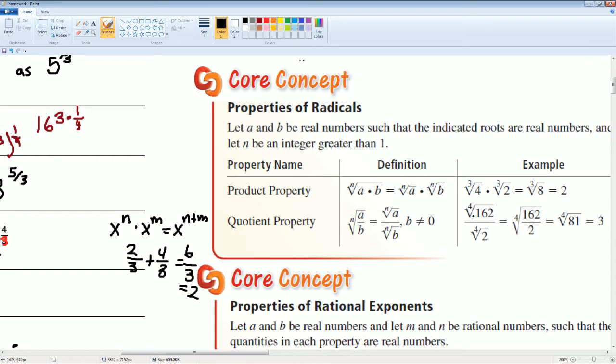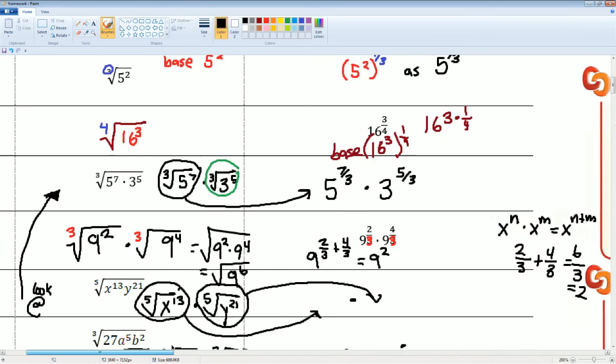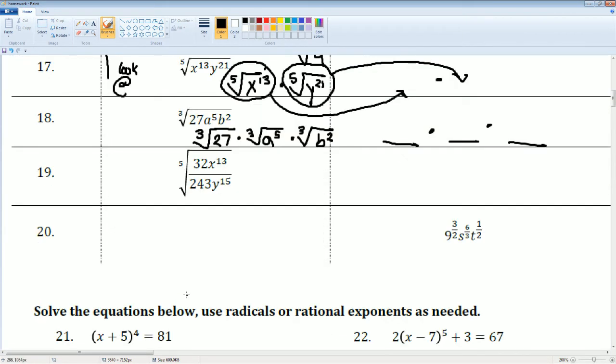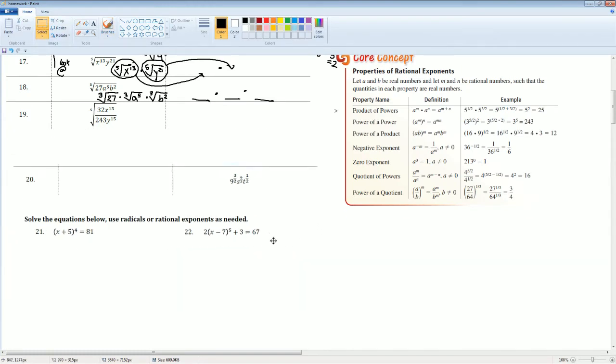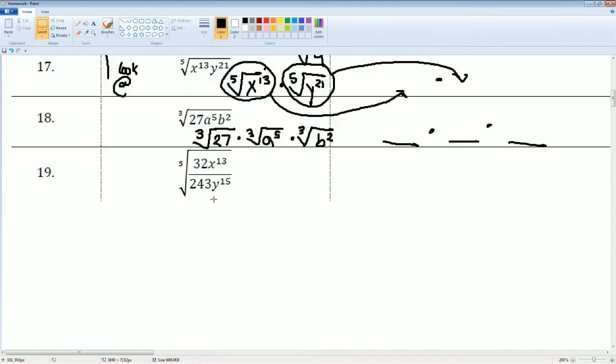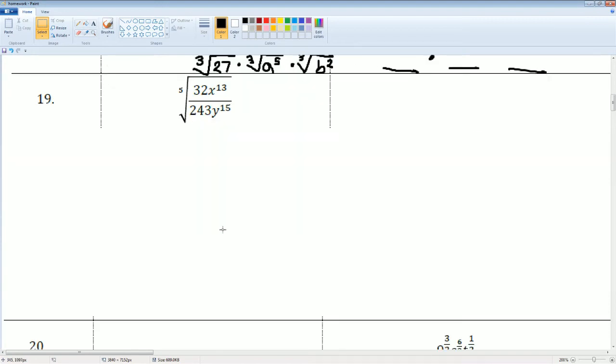You can split the top of the fraction and the bottom of the fraction, but they have to have the same radical. This one, let me give myself a little bit more room. Seems like it's a harder problem. So let's see the best approach. Let's just split it into two parts: the top part and the bottom part.